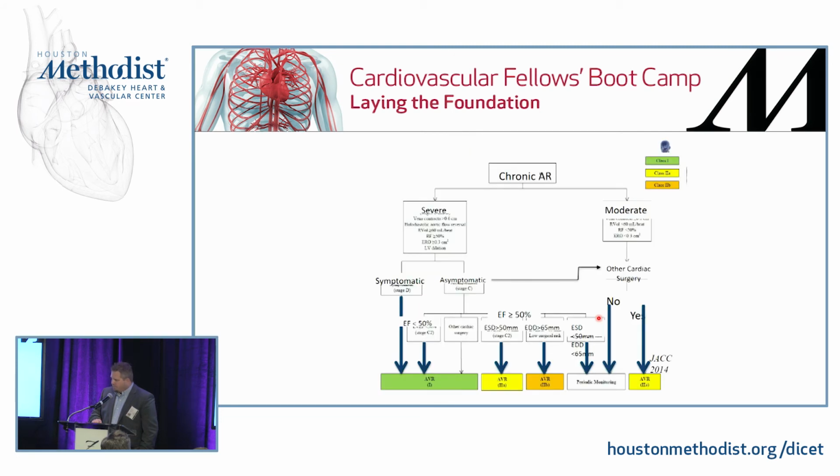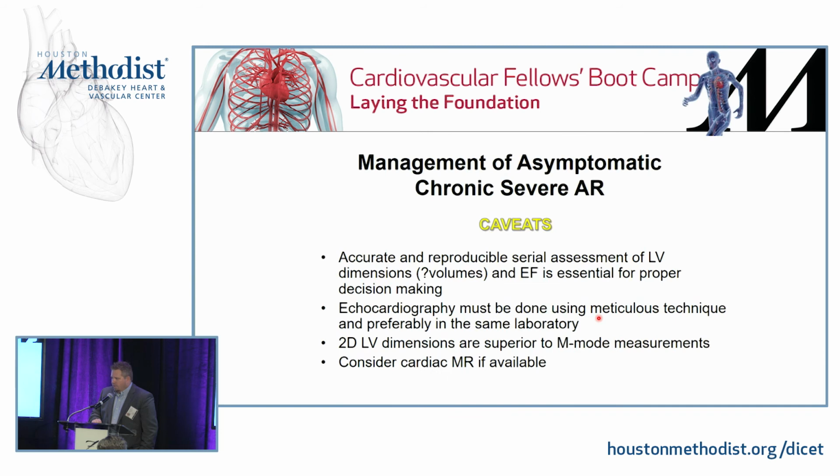Same thing here. And I'll refer you guys to the 2014 ACC/AHA guidelines to look at all this. But if you have end diastolic dilation of the LV, you should proceed to AVR even if you have an asymptomatic patient. Symptomatic patient should go ahead and go for AVR, class 1 indication.